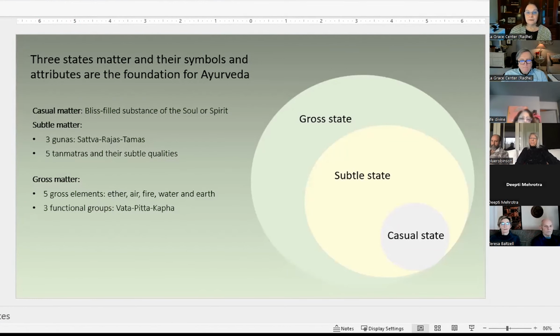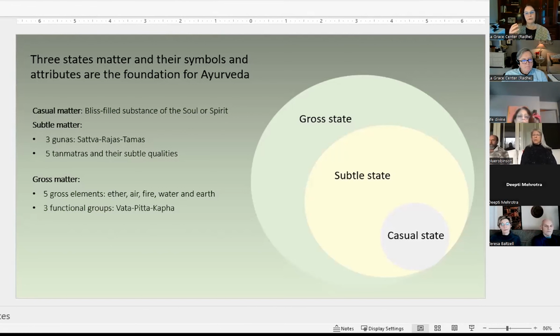It's the 5 tanmatras and their subtle qualities, to which Ayurveda gives 20 qualities. And then on the gross level, it recognizes 5 gross elements, but groups them into 3 functional categories. Of those 3 functional categories, Vata, Pitta, and Kapha, there are 7 main archetypes.